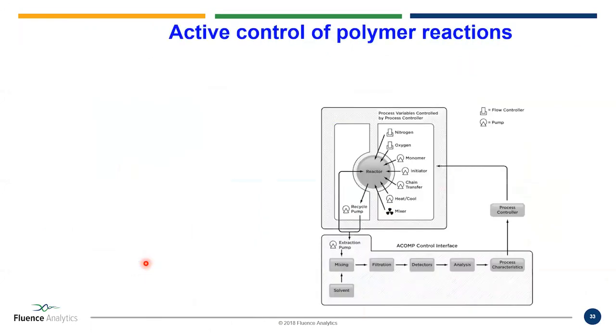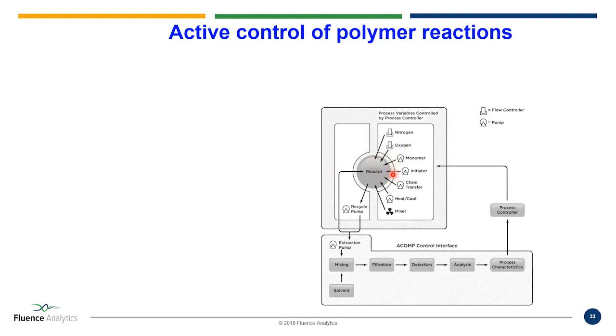Now, it was always tantalizing from the beginning that if we can monitor, we should be able to control. It took us a while to get there, but we finally have gotten there. And the basic idea is you have a reactor, whether it's batch or semi-batch or continuous, and there's different knobs you can turn. You know, you can purge out nitrogen to get a free radical reaction going. You can use oxygen to slow it down.